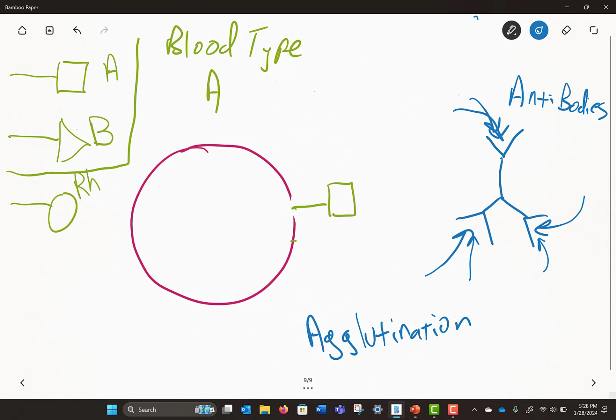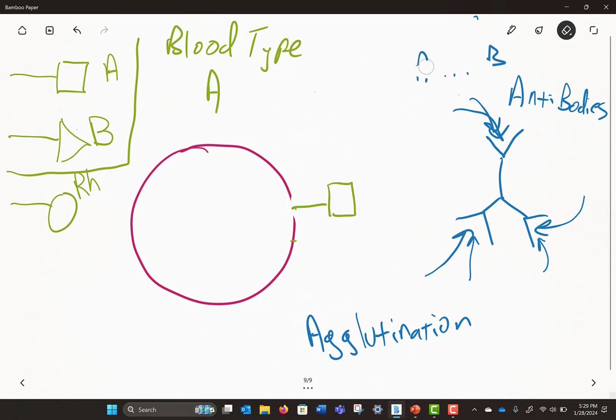Hemo for blood, lysis for splitting. It's going to break these cells down, hemolysis. That happens when an antibody finds an antigen that should not be in your body, in this case, an antigen on a blood cell. So someone with blood type A would have anti-B antibodies, because antigen B should never be in someone with blood type A's body.